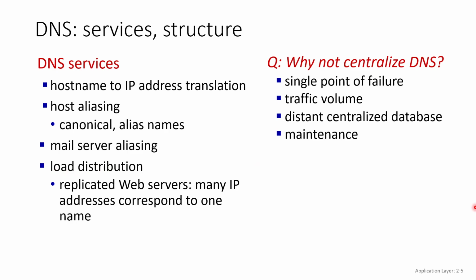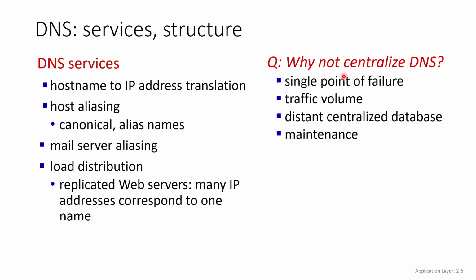And then you basically have load distribution. Obviously we have multiple requests every minute in the world, right? So we have to distribute the load across multiple servers. That basically brings us to our next point: why not centralize the DNS?